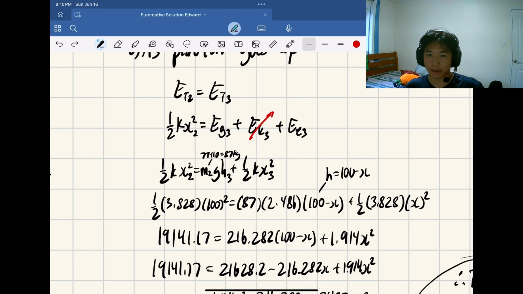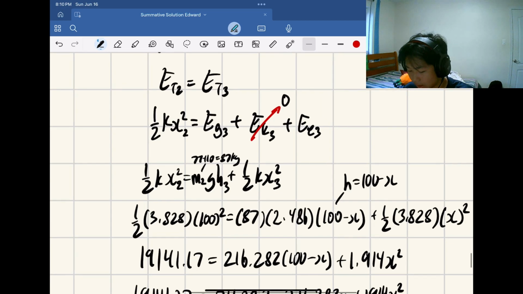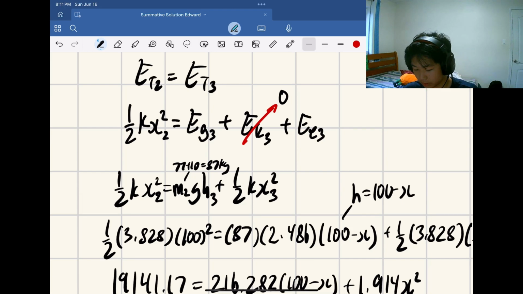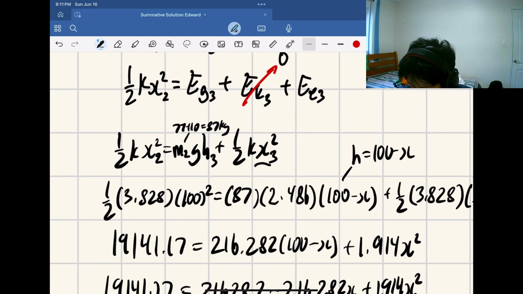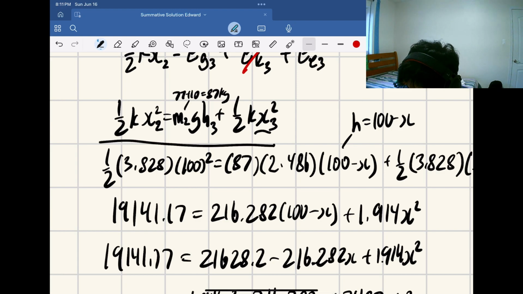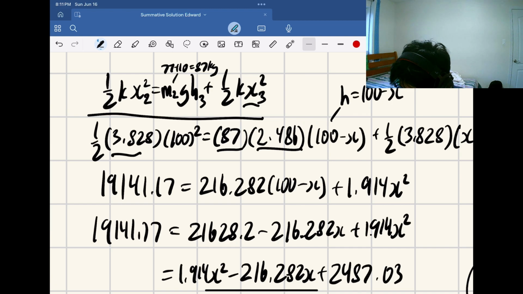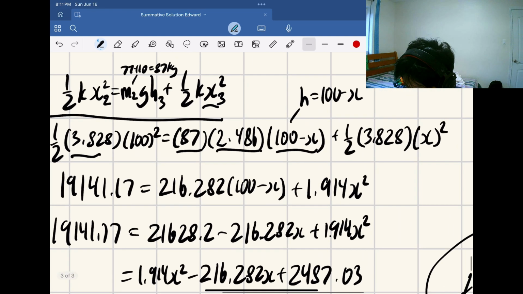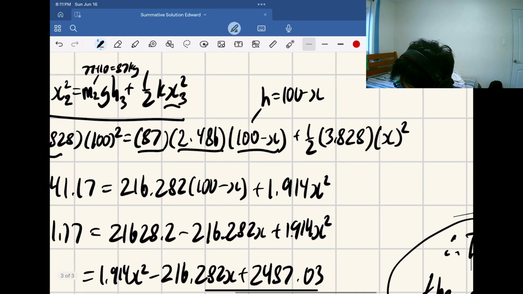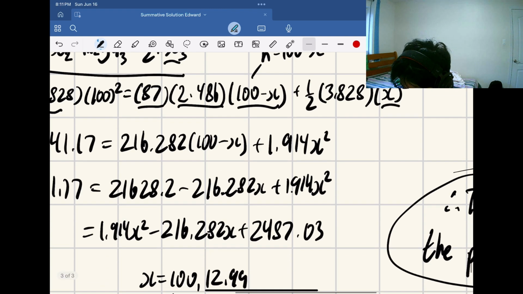Now, when the guy is at max height, the third event, his EK will equal 0 because his velocity is 0. And what we're looking for is the x value. So here we have EK equals EG plus EE. Plug in the k value, the new mass, and the g value we found earlier. Height is equal to 100 minus x, and we're looking for x.